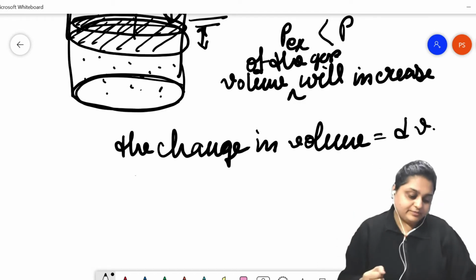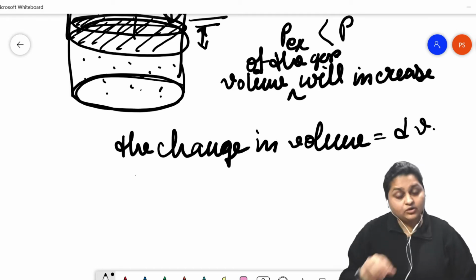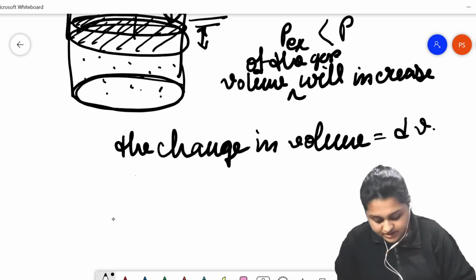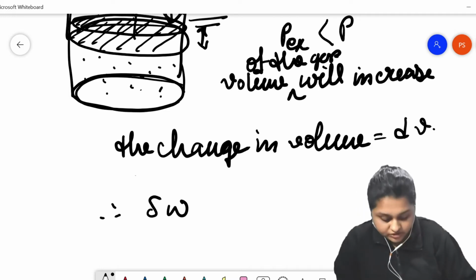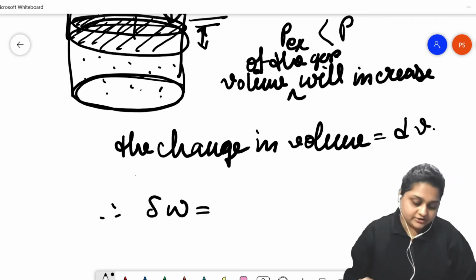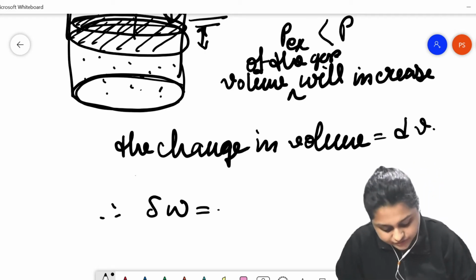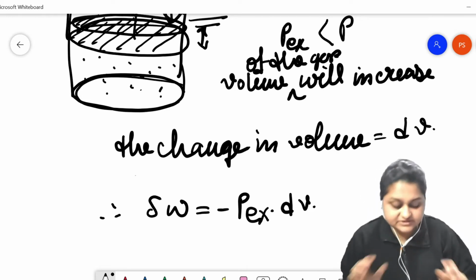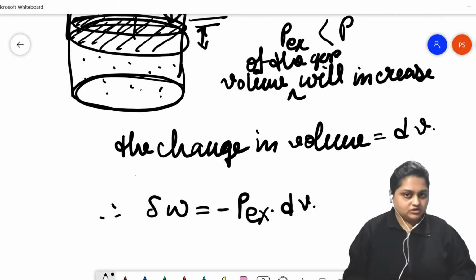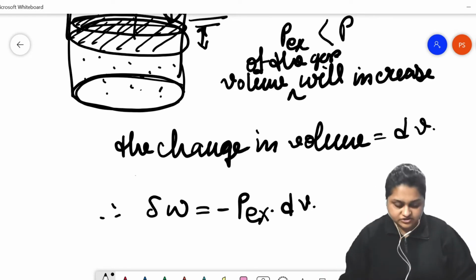So we are going to apply all this data that we have collected to the work expression. By definition we can calculate the work done by the system as delta W equals minus P external into dV. This is the amount of work that we get from the mathematical expression of work that we had just studied.